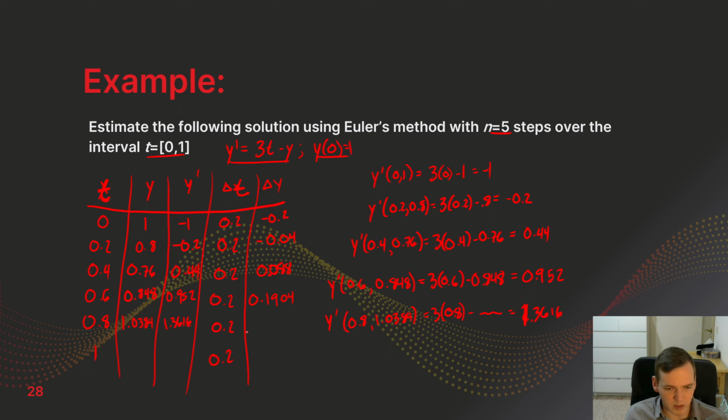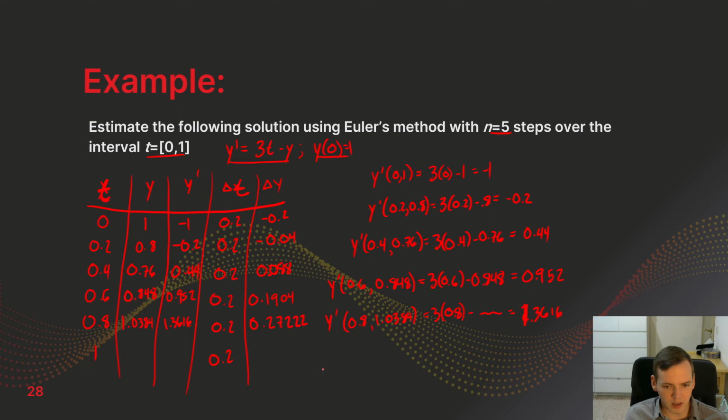1.3616 times 0.2, 0.2. Working backwards, this is breaking my brain a bit. 7222. But luckily we're at the end now.